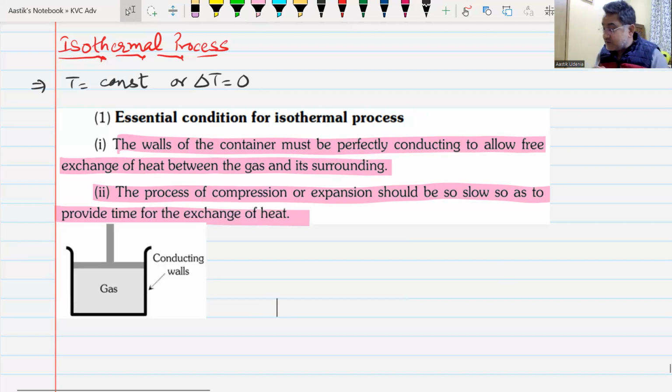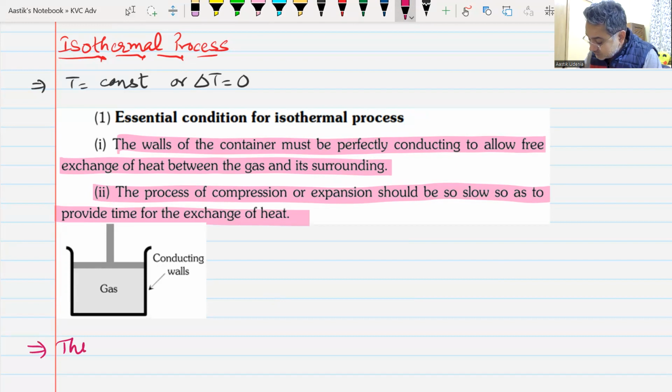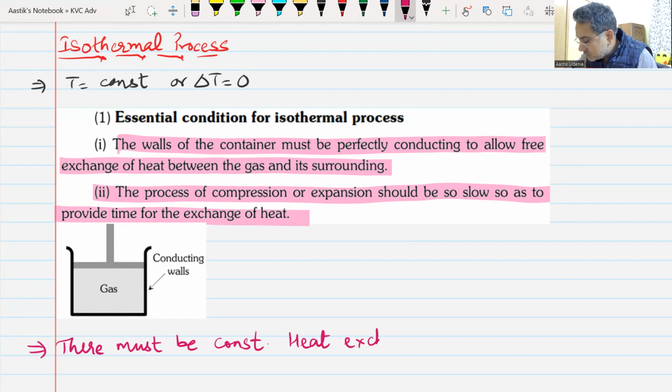So basically, if I say this in one word, there must be a constant heat exchange between the system and the surrounding. As soon as some heat is developed inside the system, it must go outside. If the system is getting cooled down, heat must come inside the system. There must be a continuous heat exchange between the system and its surroundings.